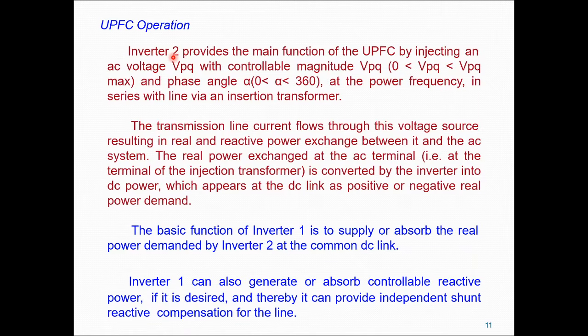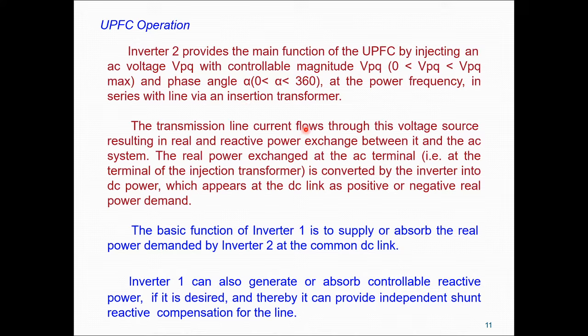Inverter 2 provides the main function of the UPFC by injecting an AC voltage. We all know inverter 2 is the triple C, meaning injection of voltage. That voltage is VPQ, with controllable magnitude between 0 and VPQ max, and phase angle alpha from 0 to 360 degrees at the power frequency, in series with the line via an insertion transformer or series transformer.